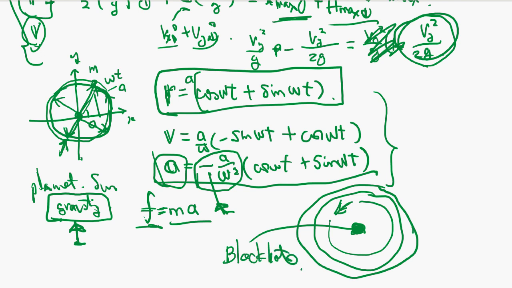But from the movement of these stars, they calculated the size of the black hole, a huge black hole existing in the middle of the galaxy. Using this equation, you can easily predict the existence of a black hole.